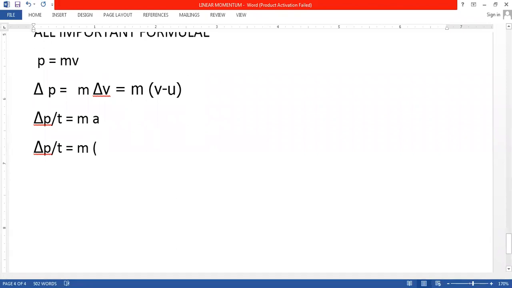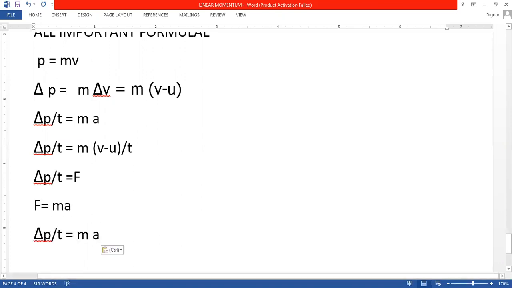Instead of acceleration, we can write V minus U by T. Even this formula is the same. Then we have delta P upon T is equal to F. Then we have F is equal to MA. Okay, so these are our formulas, beta.